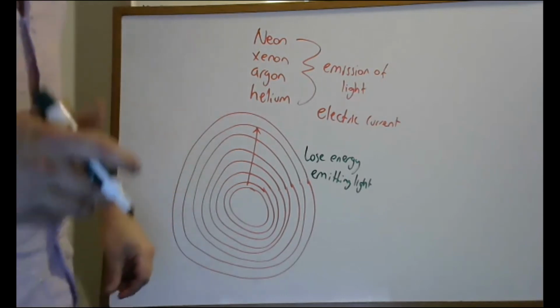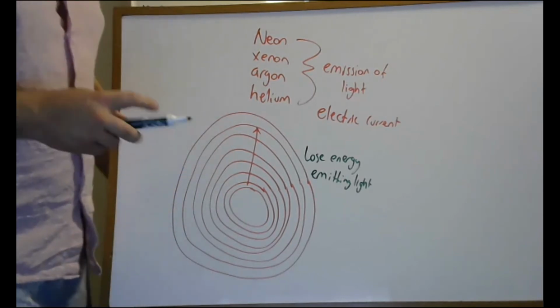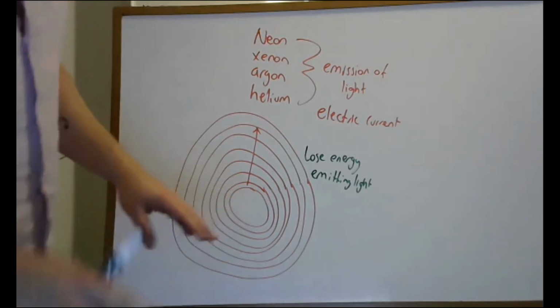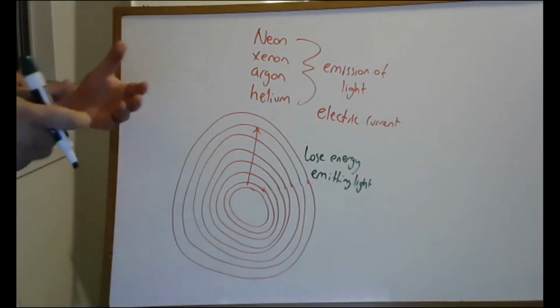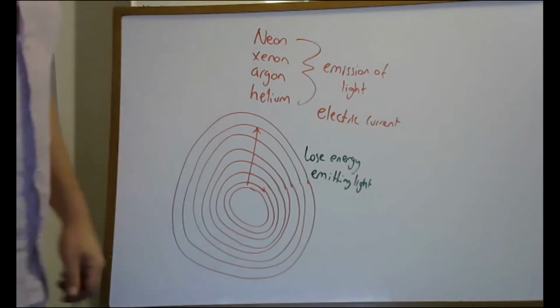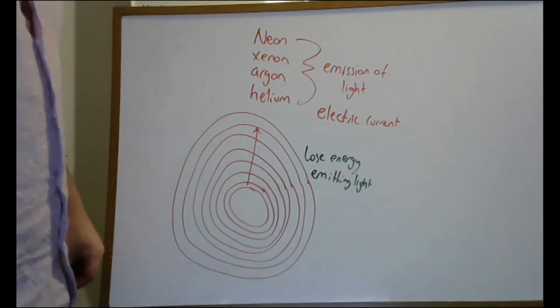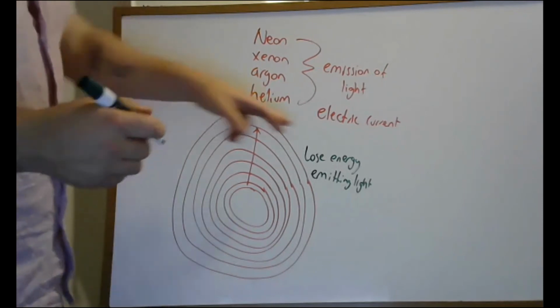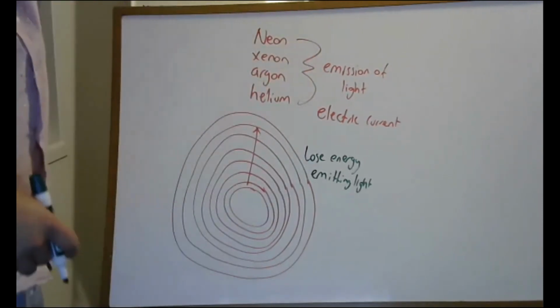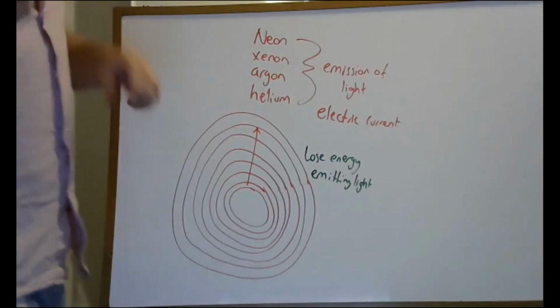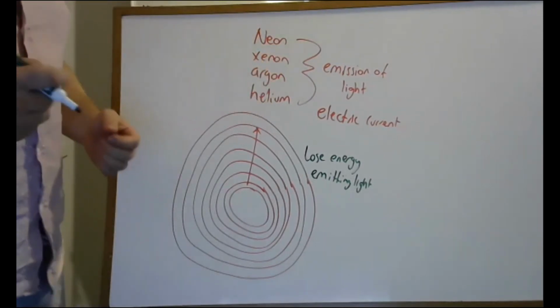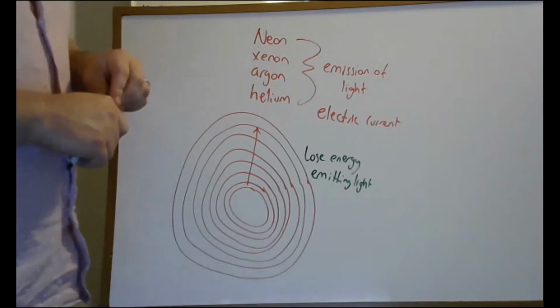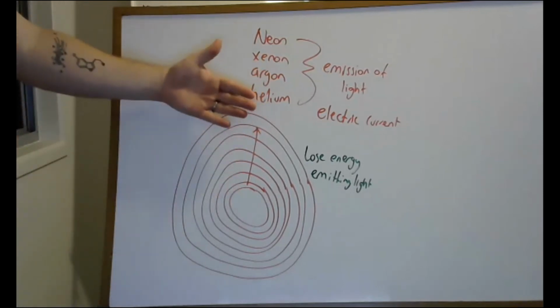Ground state, so a little bit of terminology. The ground state of an atom is at its lowest energy level. The excited state is when it's at its highest. The electrons will absorb the energy from the electric current. Obviously, to go to the higher energy levels, they absorb the energy.